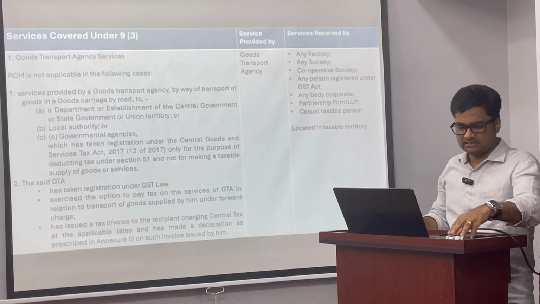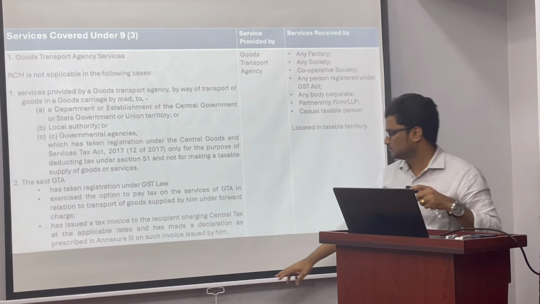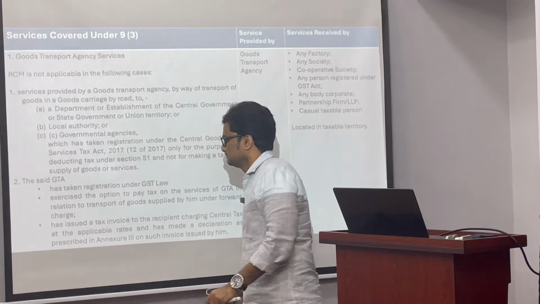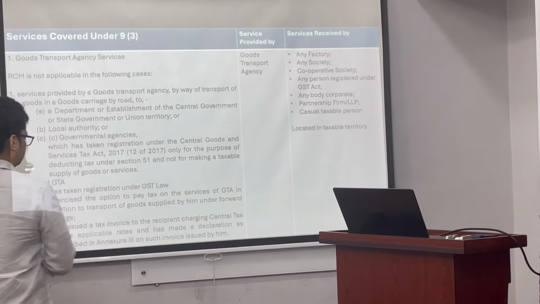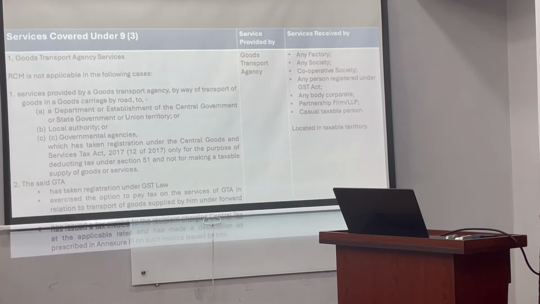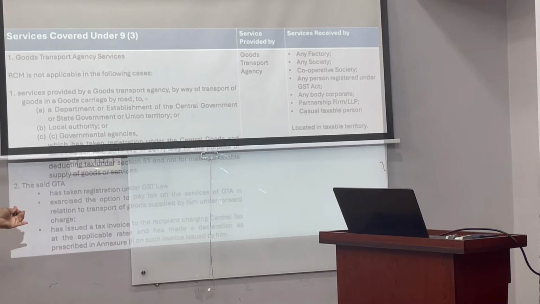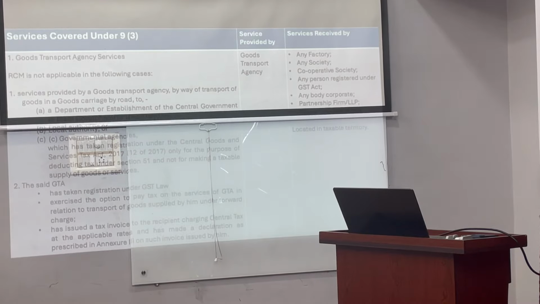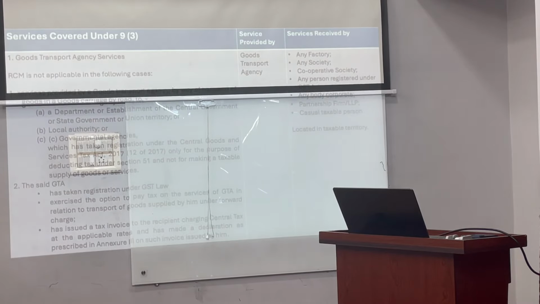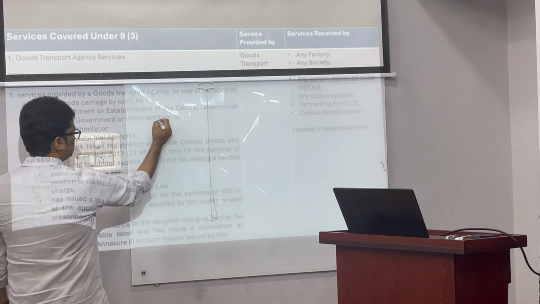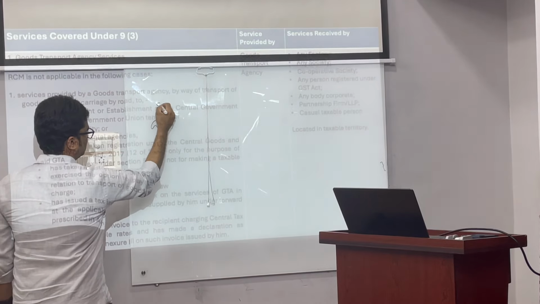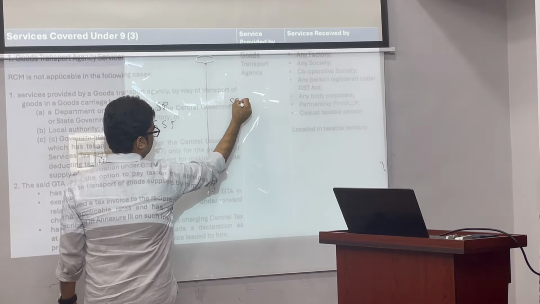Clear? I'll just give a quick diagram. See, you are a GTA. You are a service provider. Here is the service receiver.